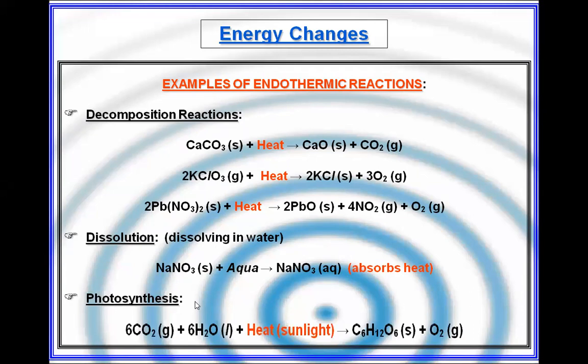Similarly, photosynthesis is glucose production by plants in the presence of sunlight. Carbon dioxide and water vapors from the air are absorbed by the leaf in the presence of sunlight and chlorophyll, and they produce glucose. These are the examples of endothermic: decomposition, dissolution, and photosynthesis.